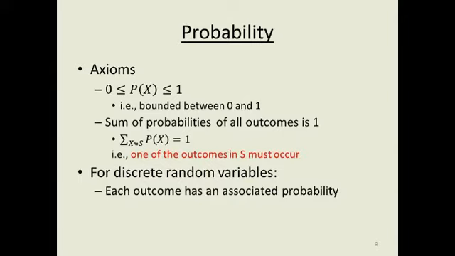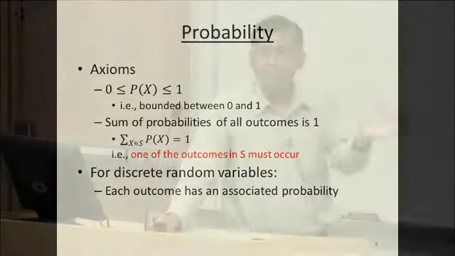Now for discrete random variables, each of the possible outcomes has an associated probability, because it is a countable set. So if you go through, say, a dice roll, then each of the possible 6 outcomes has one real number associated with it. In a fair die, it's about 1/6.